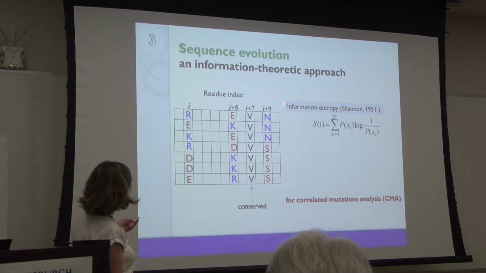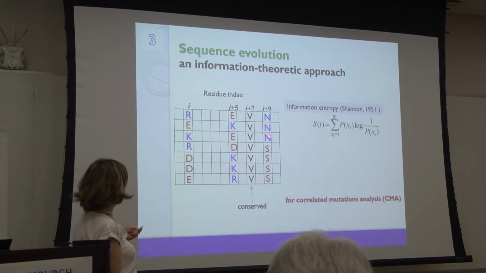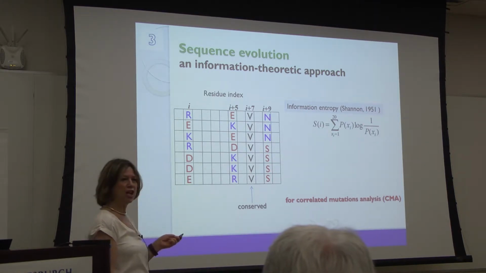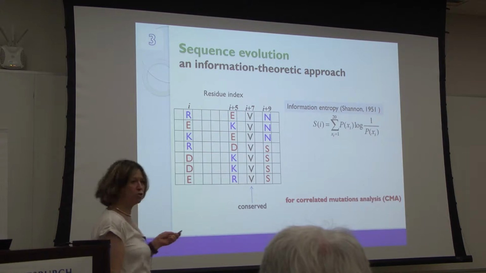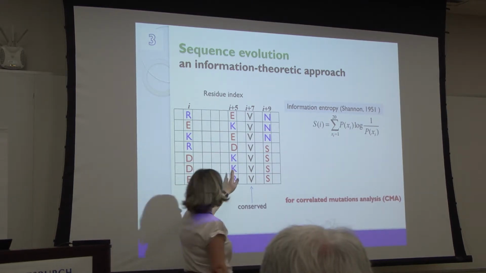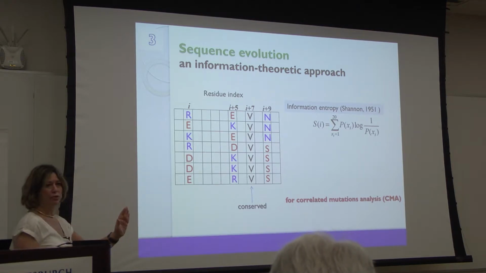For example, let's take this column. The probability of alanine here is 0. The probability of glutamine here will be 3/7. You take the probability of each type of amino acid and sum over all types of amino acids. If you do that type of operation, you obtain the Shannon entropy. Very standard. For every column, you have a different entropy value, which you can plot.